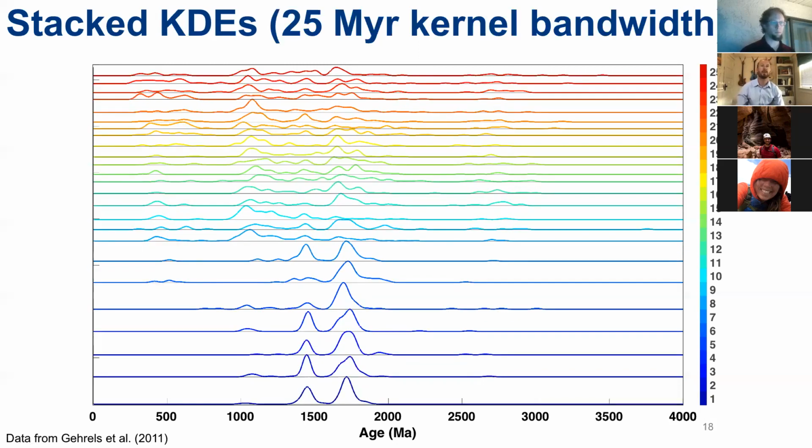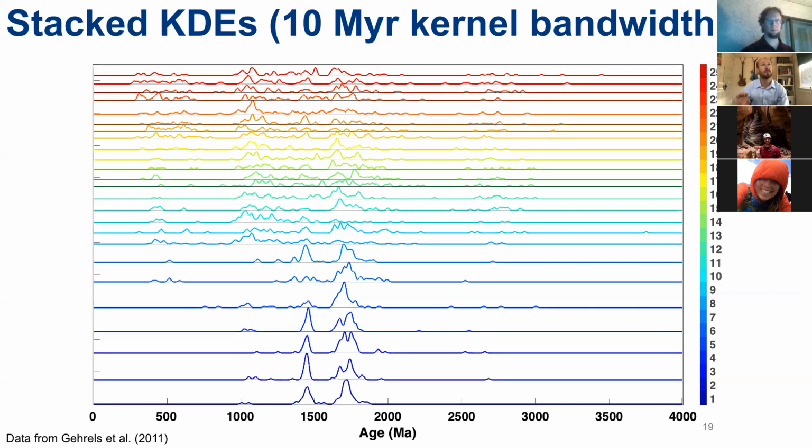And you can play around with the bandwidth. It's an arbitrary parameter unless you use an optimization method, of which there are a few out there that are useful. I tend to stick with a set kernel bandwidth for reasons I think Joel's going to go over in his slides. But now, just for demonstration purposes, this is what a 10 million year bandwidth would look like for that data.